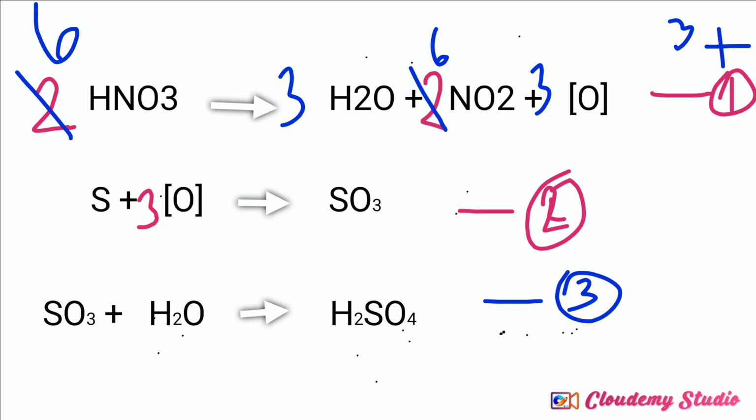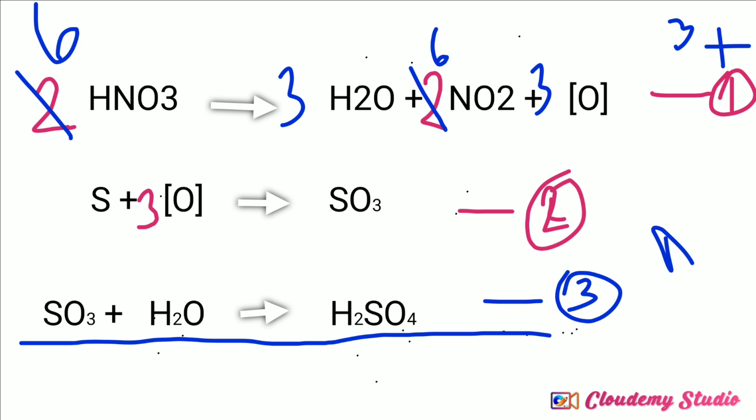So when we add all the 3 equations, what's the rule we need to follow? The same substances on the opposite sides of the equations have to be cancelled. So now we need to add all the three equations.